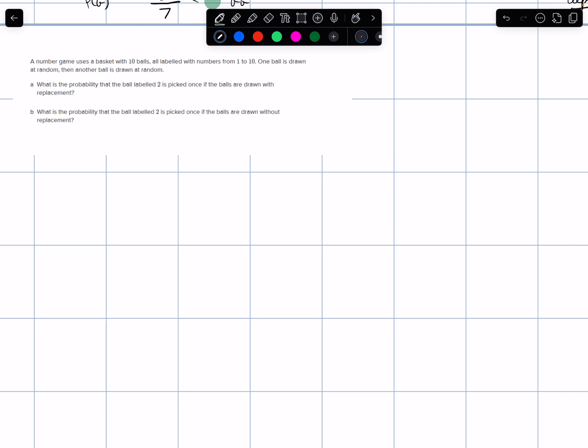All right. So, how do you lay this out? The first thing that we want to be doing is looking at the probability of a 2 being picked, and conversely, the probability of not picking a 2. So our tree diagram will follow, right?